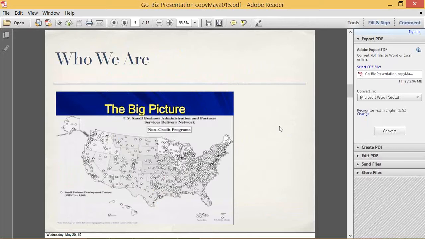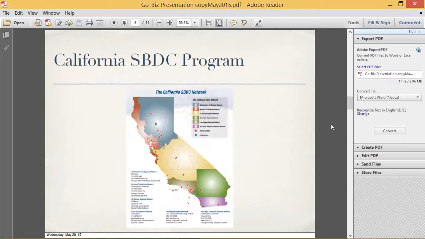One of the things about the Small Business Development Center program is that we'd like you to get the big picture of what it's all about. It's a national program that has over 1,000 small business development centers throughout the country and the American territories, so we're part of a very strong network. In California, there are 6 regional programs, and the goal is for a small business to be at least accessible to a service center or satellite location that's an hour or 2 hours away.